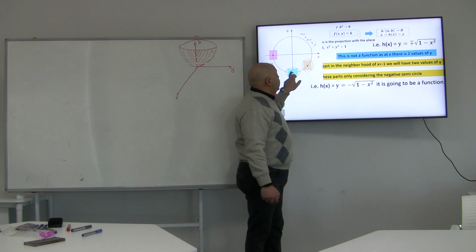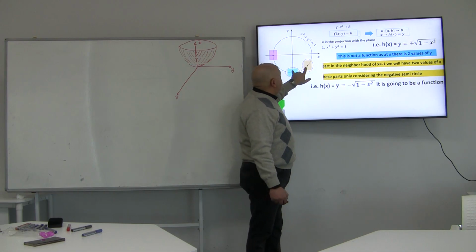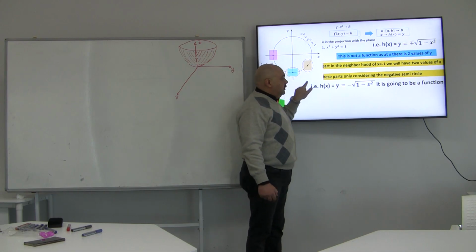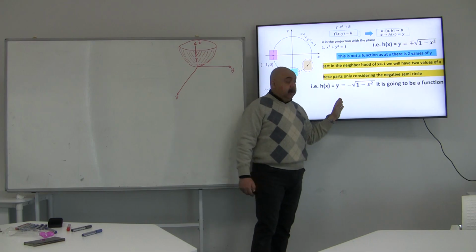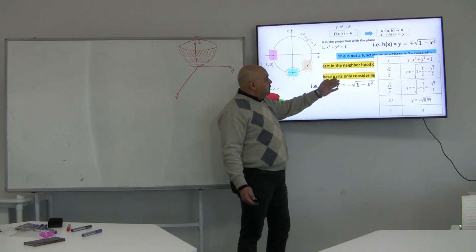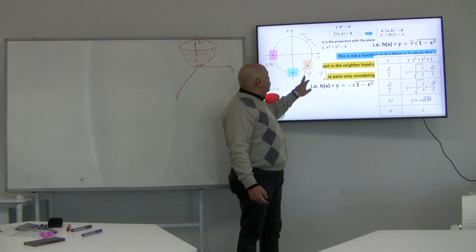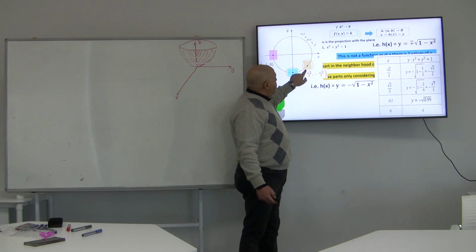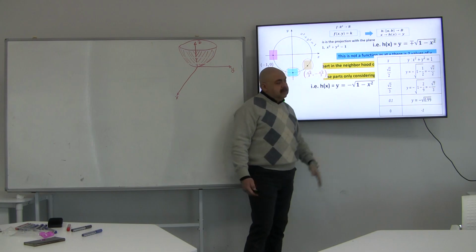So for this part and that part, it's going to be a function. Now you can see the substitutions, and of course at x equal to 1 over root 2, you will get the value of negative 1 over root 2, as indicated.